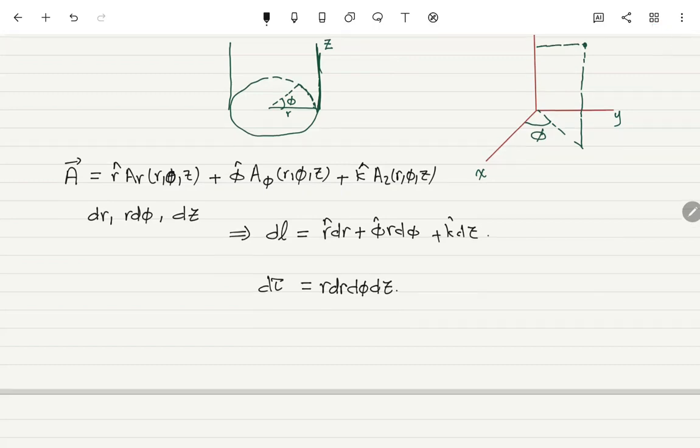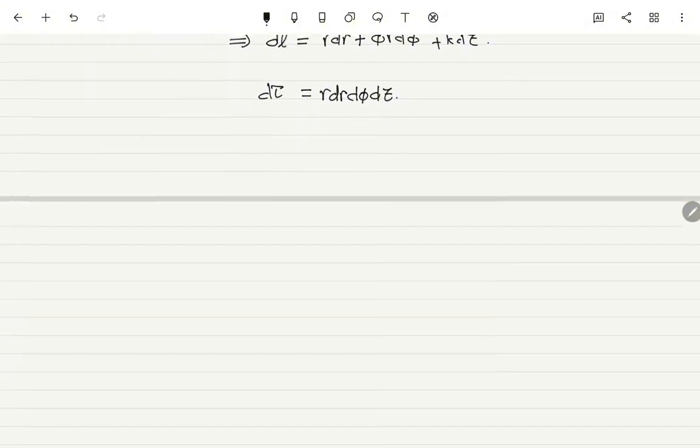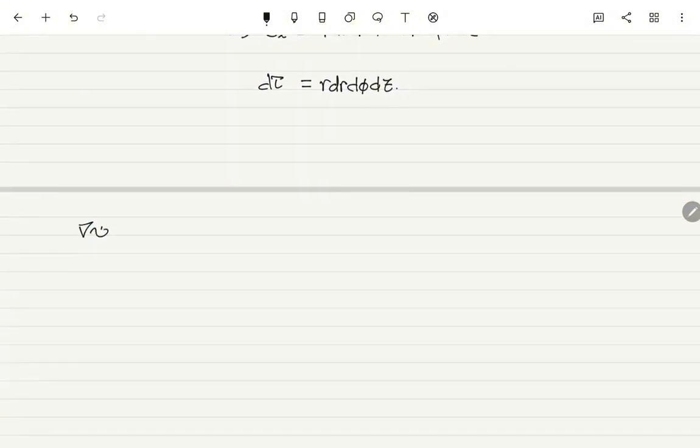Again, we are interested in four different physical quantities: gradient, divergence, Laplacian, and curl. So let's have the gradient of psi in cylindrical coordinates. Psi of r, phi, z is equal to r hat partial psi partial r plus phi hat over r partial psi partial phi plus k hat partial psi partial z.